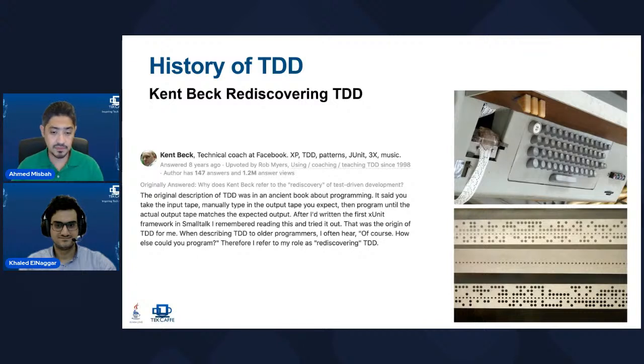that TDD goes back to when programming was done on punch cards and ticker tape. And he's saying that he read in some ancient book about programming that this is how programming started. It started by first writing down the expected results on punch cards and then writing the actual code.